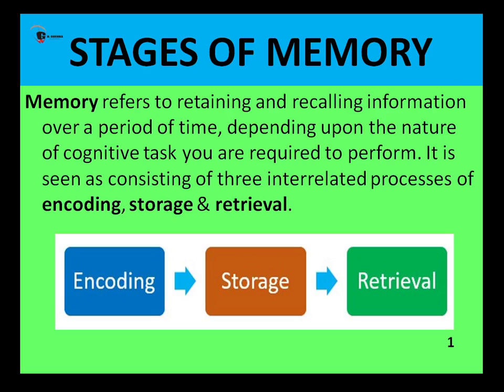Whenever there's an external stimulus that impinges on our sensory organs, that external stimulus generates neural impulses. And these neural impulses are received in different areas of our brain, for the further processing of information.